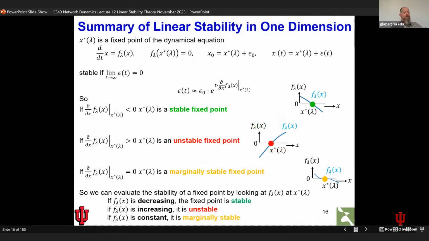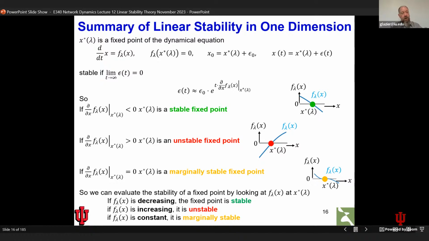And let's look at this graphically now. Suppose that we plot f of x versus x. Whenever it crosses the 0 line, we have a fixed point. If it crosses the 0 line going down, the fixed point is stable. If it crosses the 0 line going up, the fixed point is unstable. And if it has slope of 0 when it touches the x-axis, then we have a marginally stable fixed point.